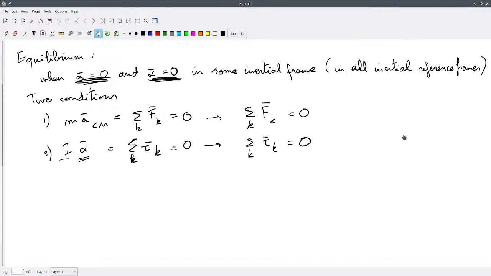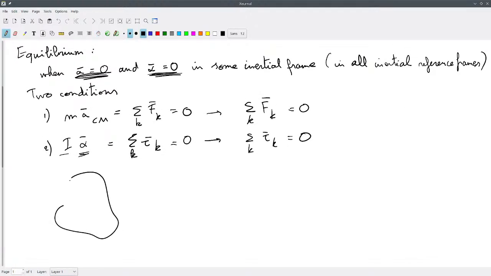So if we have some object and there are forces working on it from a variety of different directions, F1, F2, F3, these are all vector quantities, of course, and let's say there's a torque tau 1, a torque tau 2, and a torque tau 3 working on this object.